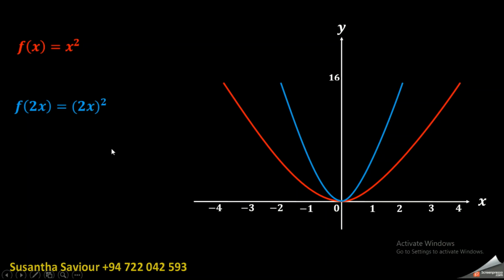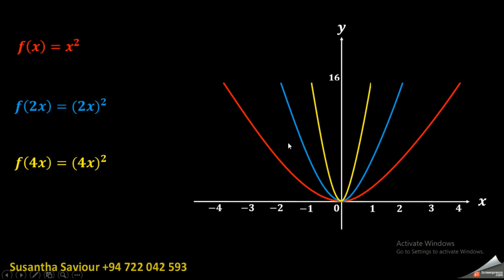Look at another transformation of this. If you have f(4x) here, then it will be (4x) whole thing squared. So what will happen? All these x coordinates will be divided by 4. So when you divide this one by 4, it will become 1. When you divide this one by 4, it will become minus 1. So 1, 16, minus 1, 16. Look at this.